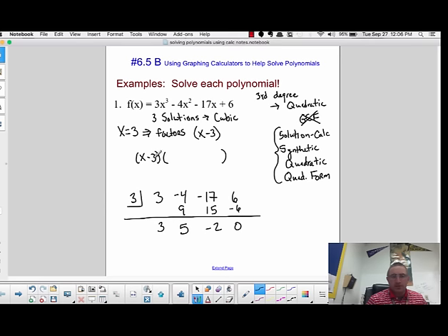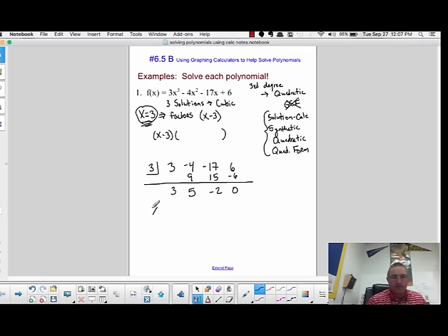This tells me that because I used my calculator and got x equals 3 as one solution, x minus 3 is a factor. Using synthetic division, my polynomial factors into x minus 3 times 3x squared plus 5x minus 2, and that equals 0. I have one answer already, x equals 3.